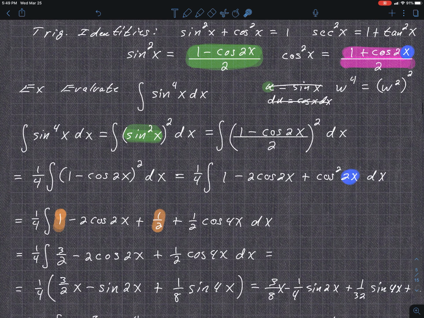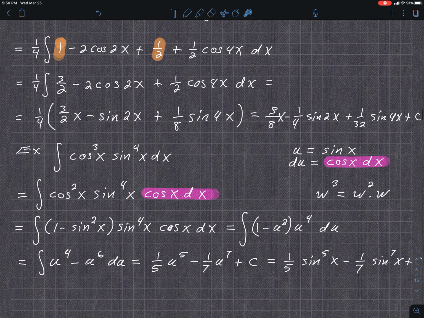So the whole goal really is to apply those trig identities to reduce these powers down to something that you can integrate. So substituting in where I highlighted here in green, multiplying out. So that's how I want you to do it. It won't be this exact one, but that's one of the techniques.